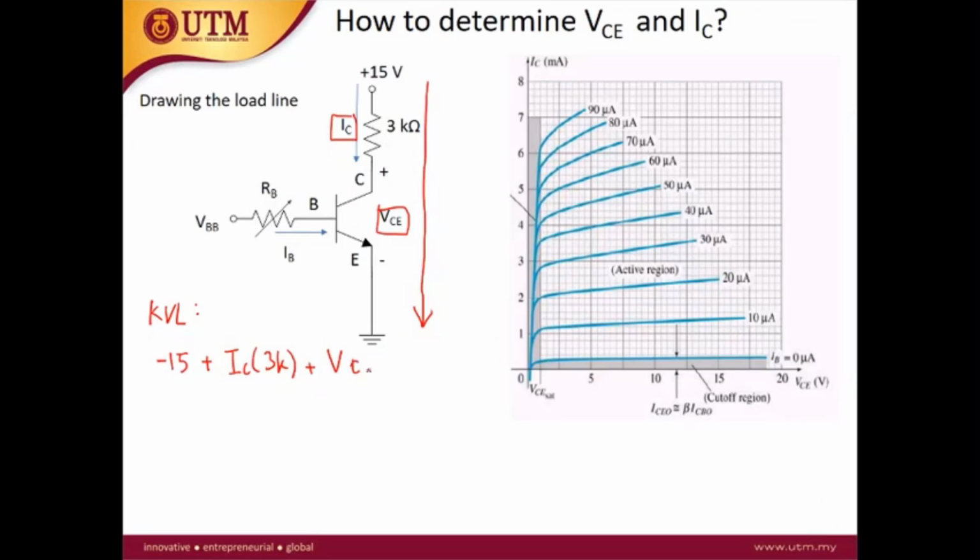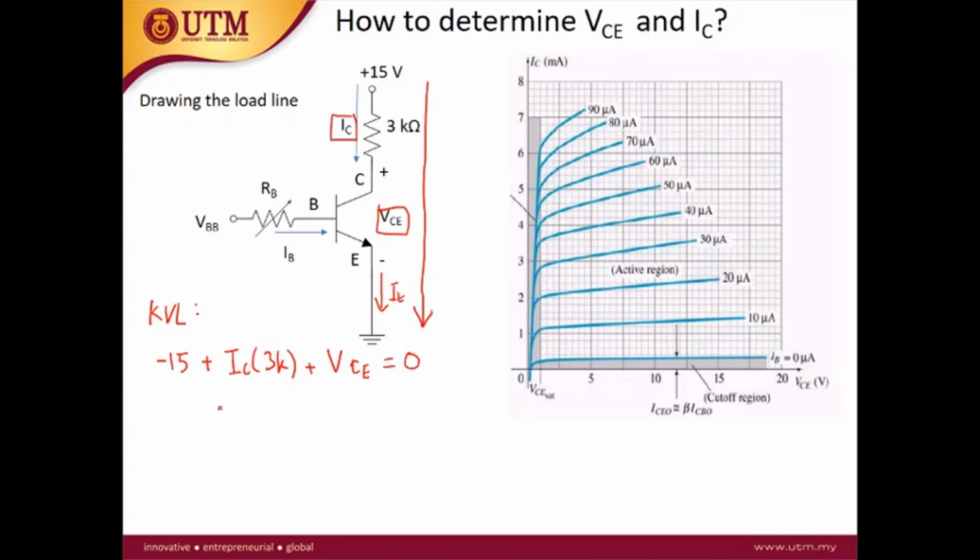Here at the emitter, although we have emitter current, there is no resistor here, so no voltage drop. This is equal to 0. Based on this KVL, this is the equation for the load line.